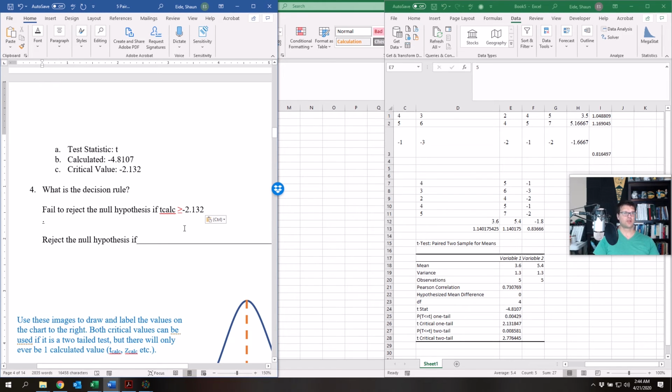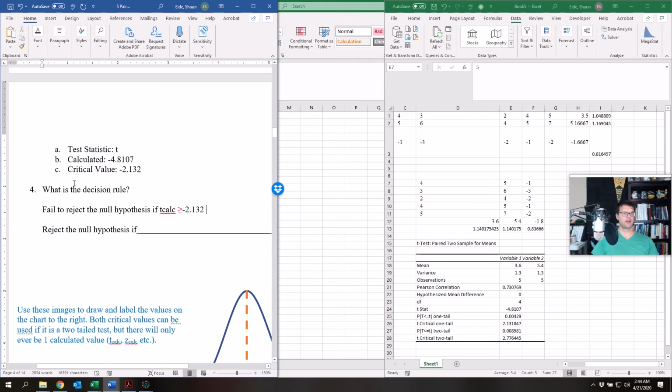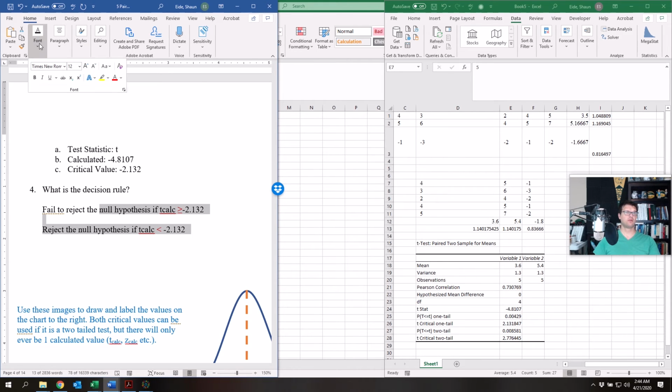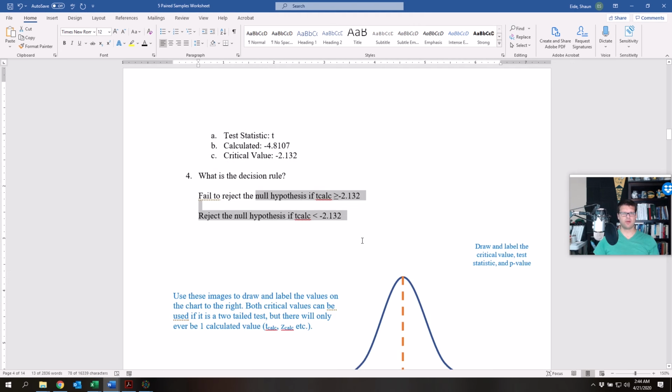Okay, and then the next one, reject the null hypothesis if, and we'll just copy this, if tcalc is less than negative 2.132.